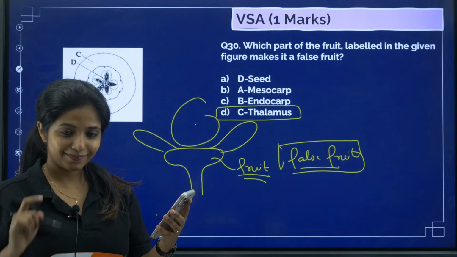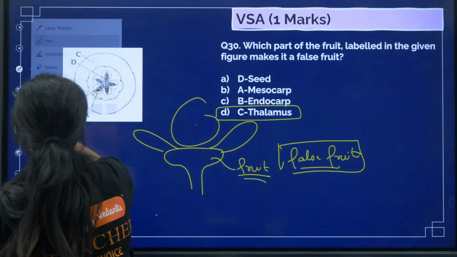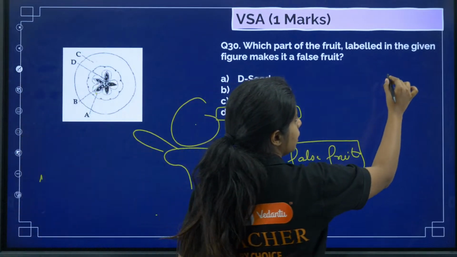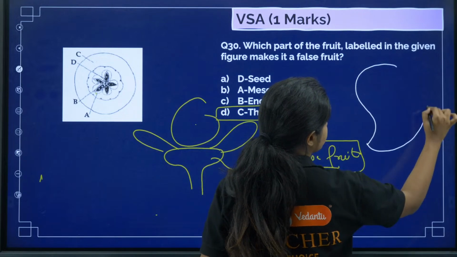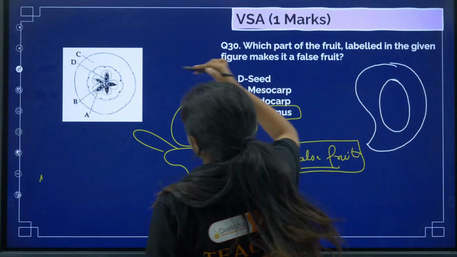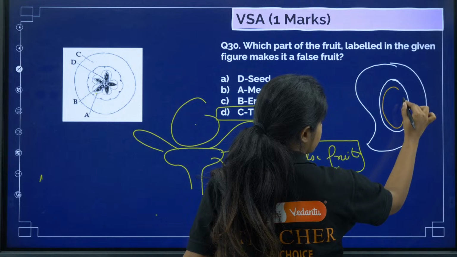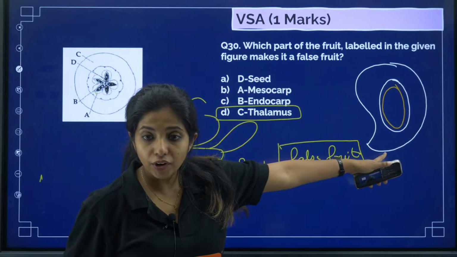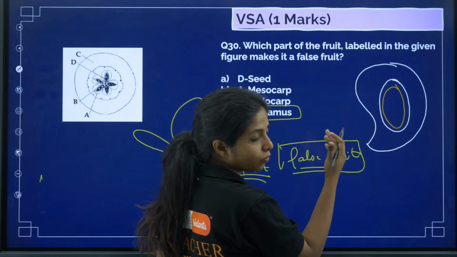Okay, and for your understanding, I'll tell you one thing about mesocarp and endocarp also. Listen to me carefully. When you talk about a normal fruit, for example a mango. Okay, now mango has something like this. The outermost covering of mango. Now mango is the ripened ovary.